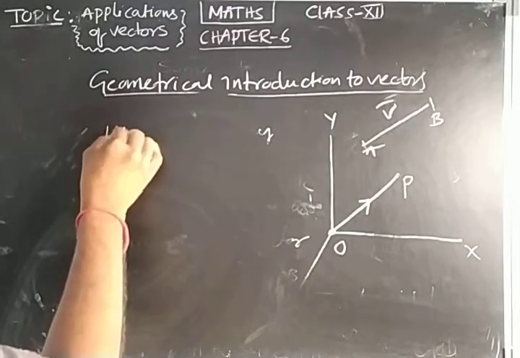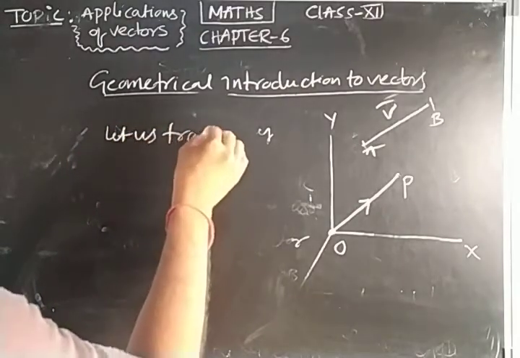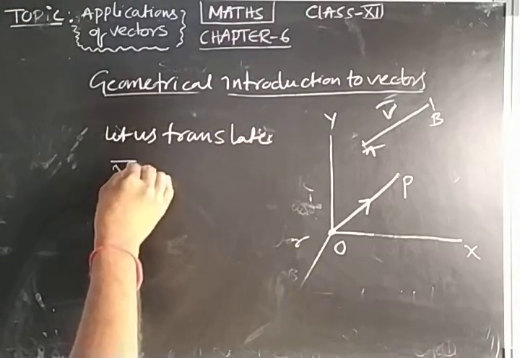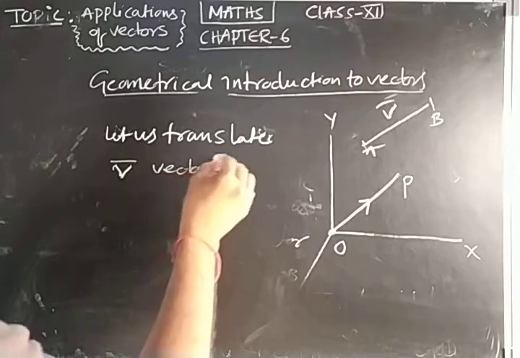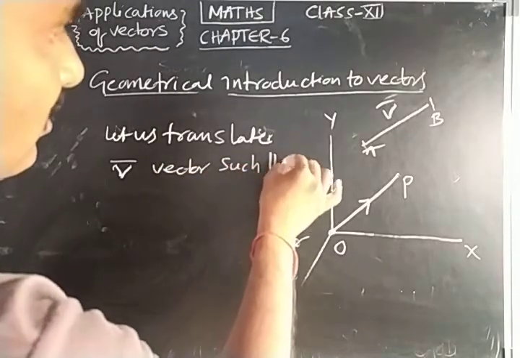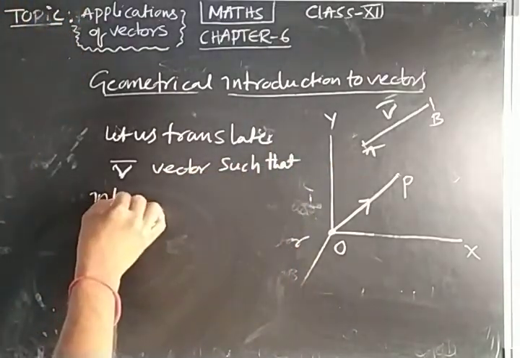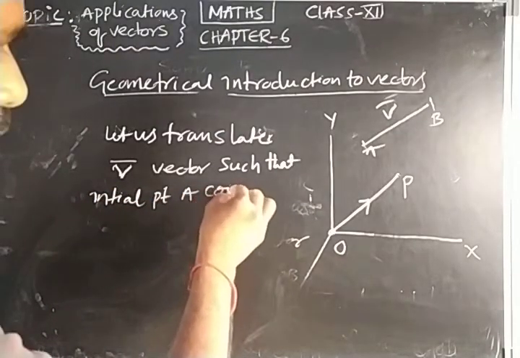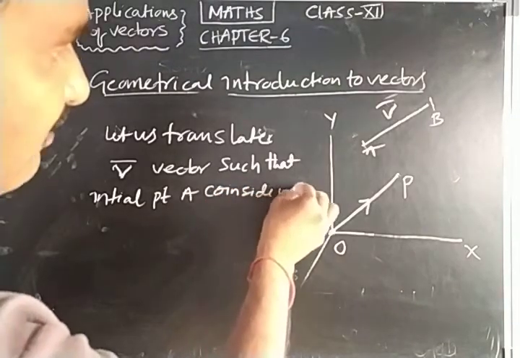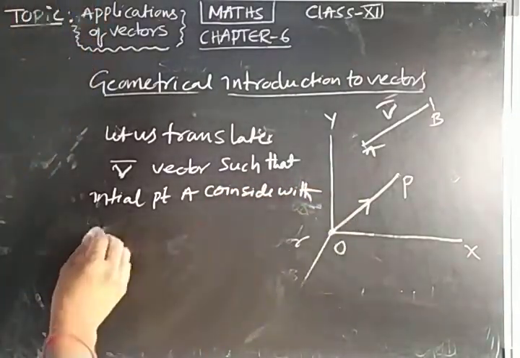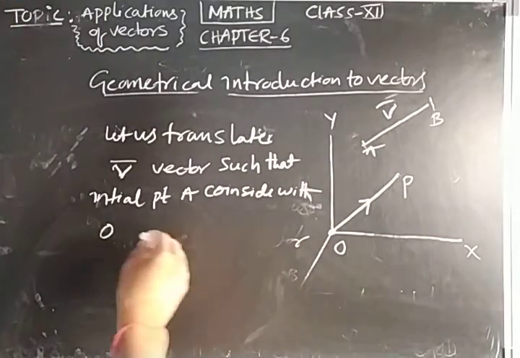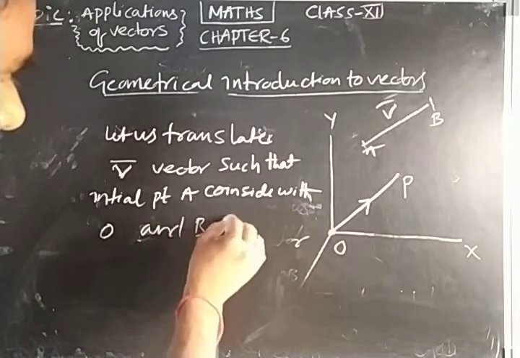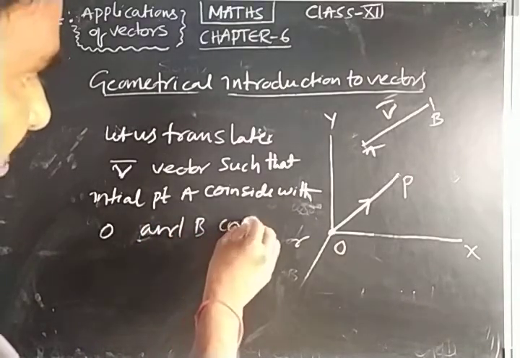Now let us translate V bar vector such that initial point A coincides with the origin, and B coincides with some point in space.